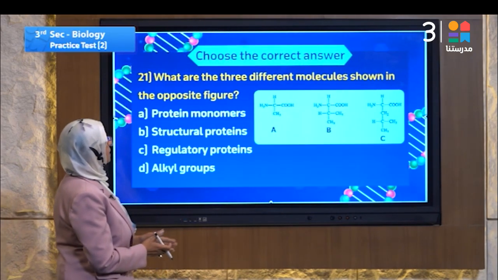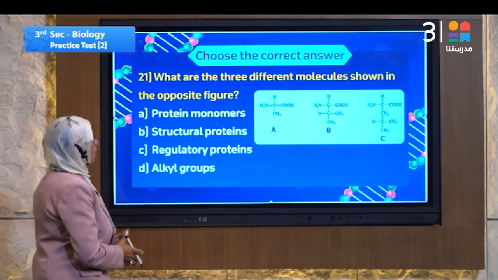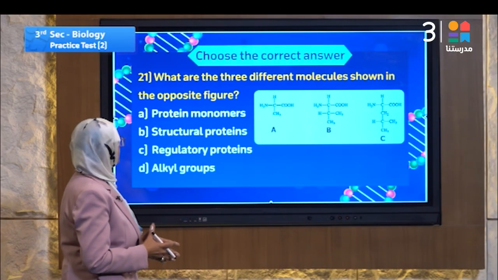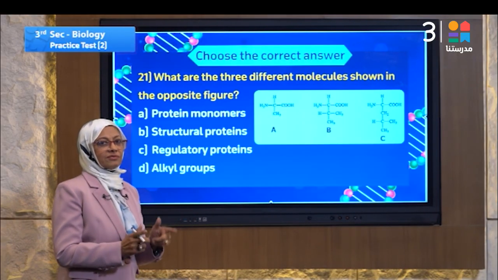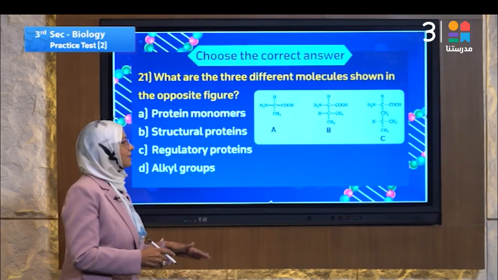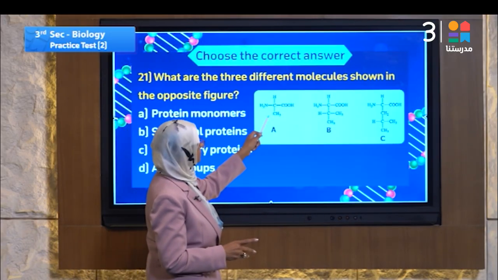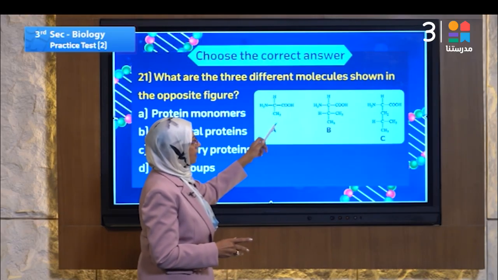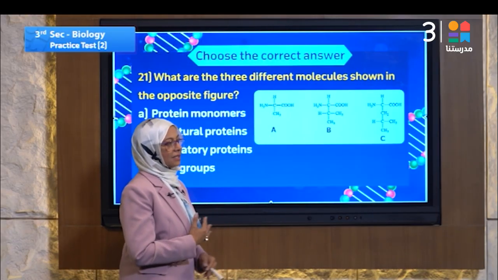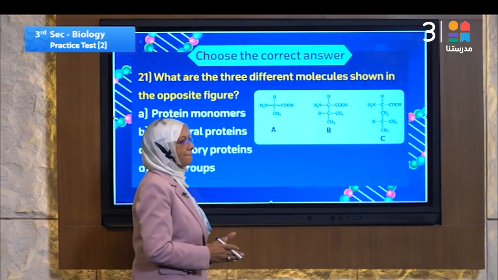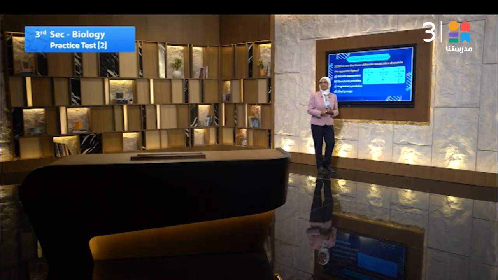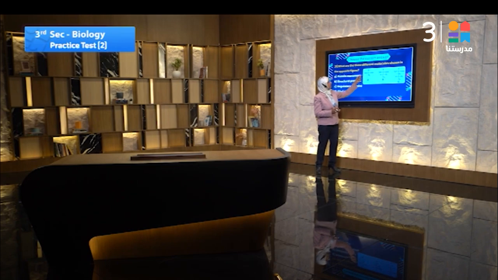Question number 21 is about a structure. What is this structure? We must study the figure well. Again, this structure consists of many atoms. It is an organic material because organic material consists of many atoms: carbon, hydrogen, oxygen, and nitrogen.